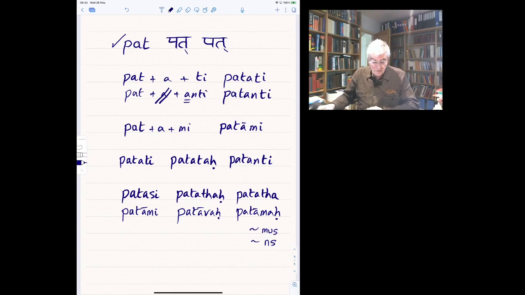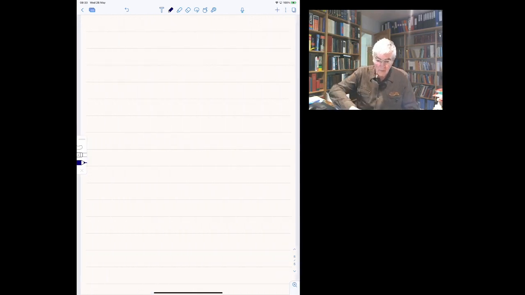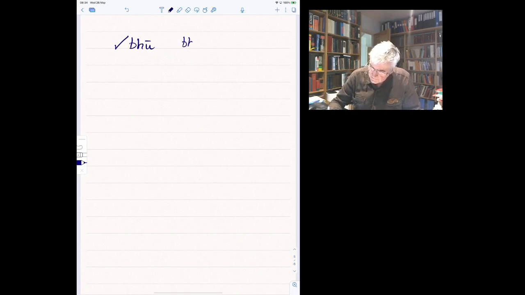Now, we're going to look at the very, very common verb bhu, to be or to become. So the root is bhu. The present stem, present base, actually becomes bhav.